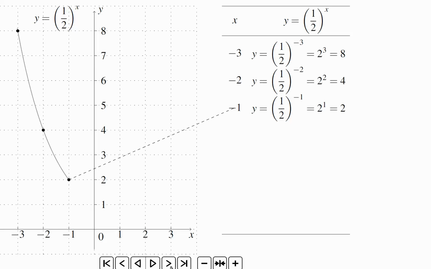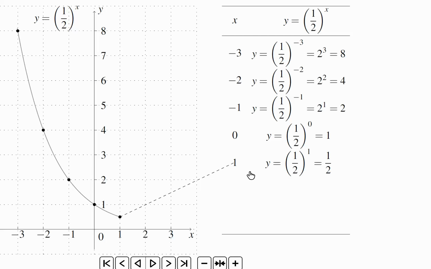When x is 0, any number to the 0 is 1. So this (0, 1) is always on the exponential function graph. And then down here, x equals 1, 1/2 to the 1 is 1/2. So this point.